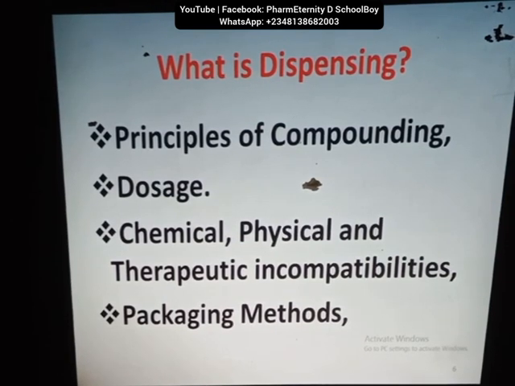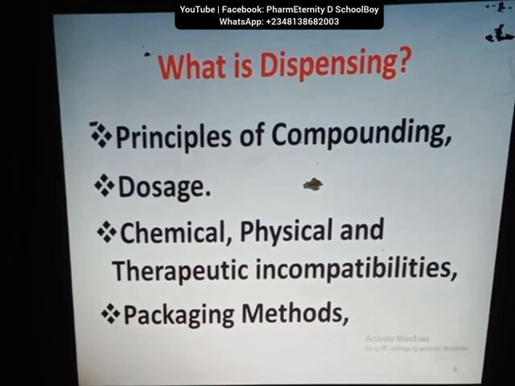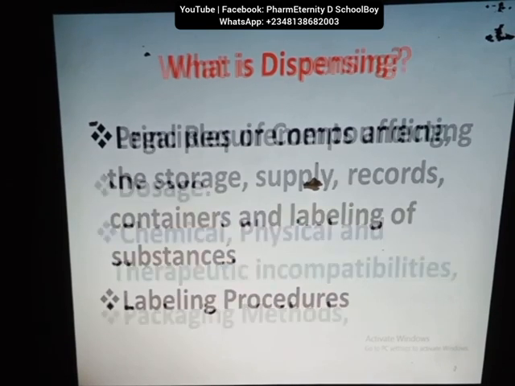Use the wrong packaging, whether you don't know if you should use strip or blister packing, or you don't even know that a container should be amber in color because of some physical and chemical properties of the drug inside. So it's very important you have a sound knowledge of packaging methods to be able to dispense properly.